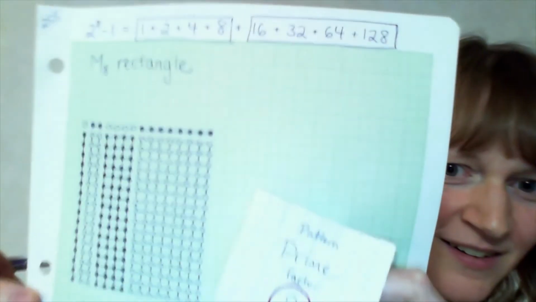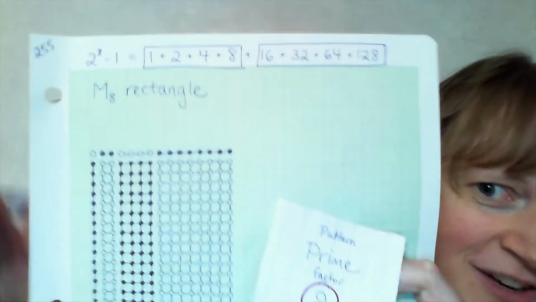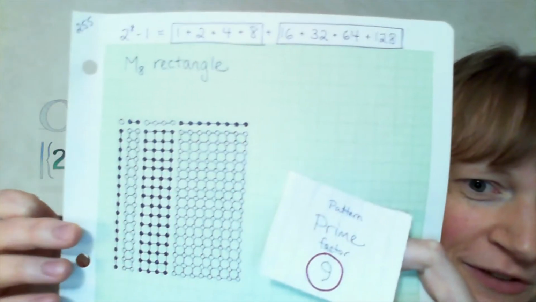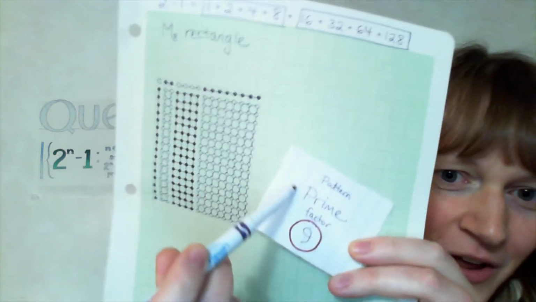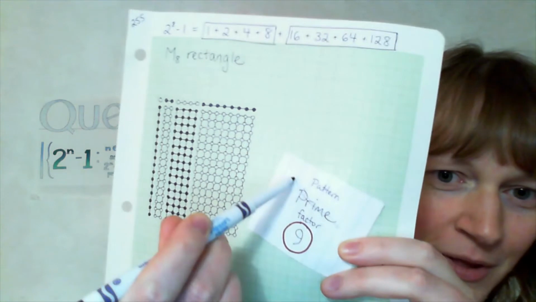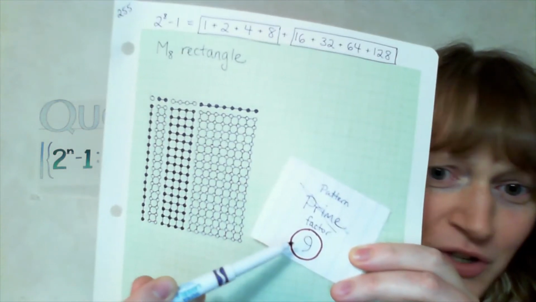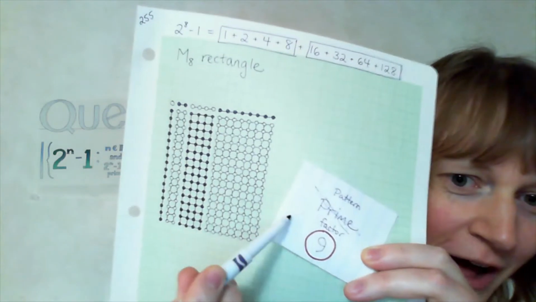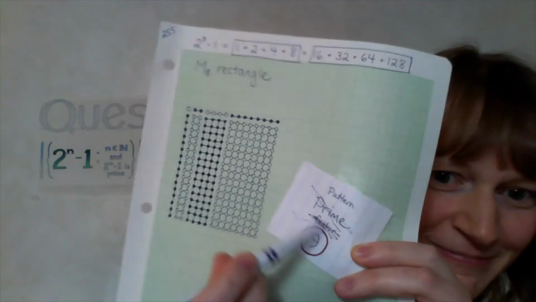And this one? 9? 9 divides the Mersenne number 255? Well, not only is 9 not prime, it also is not a factor of 255. So no, this one misses out, because 9 is not prime.